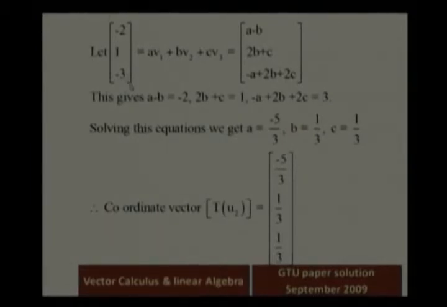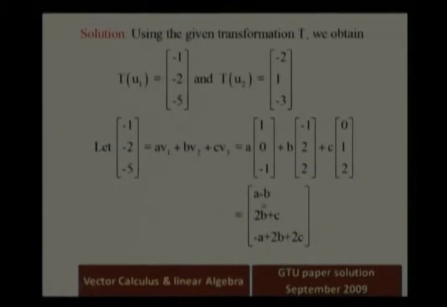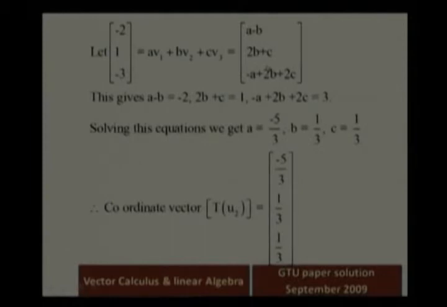So (-2, 1, -3) is equal to a v1 plus b v2 plus c v3, which is equal to a minus b, 2b plus c, minus a plus 2b plus 2c. This column vector is the same, because we have used the same basis vectors for R3. So the right-hand part is the same, and the only change is the left-hand part.